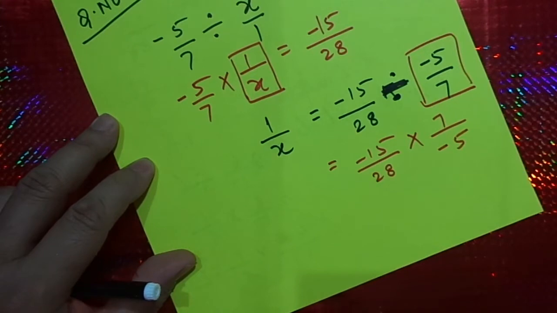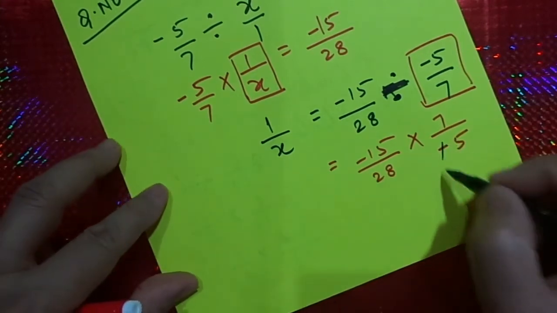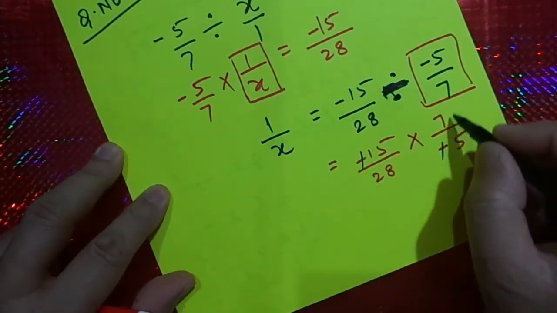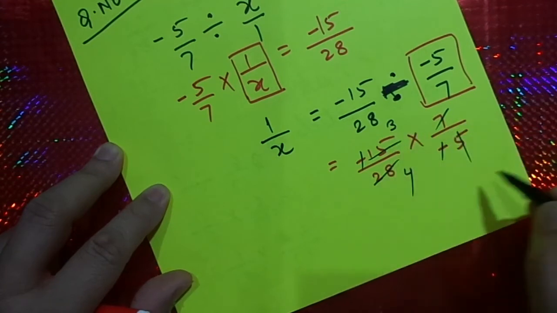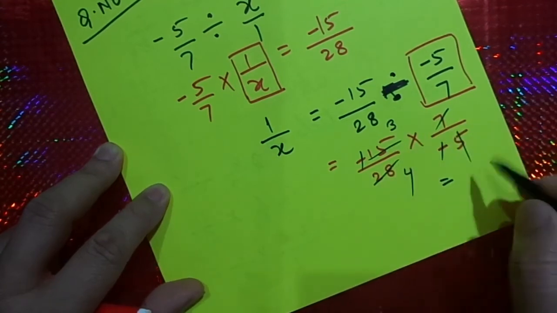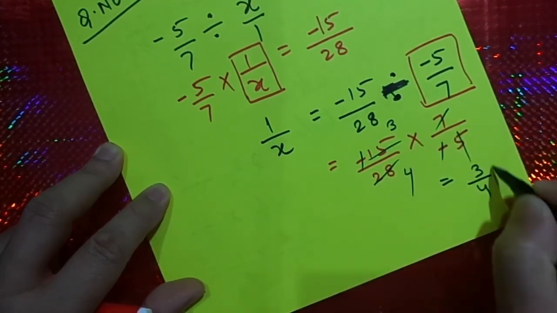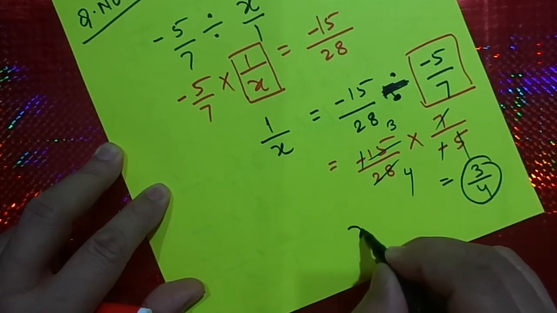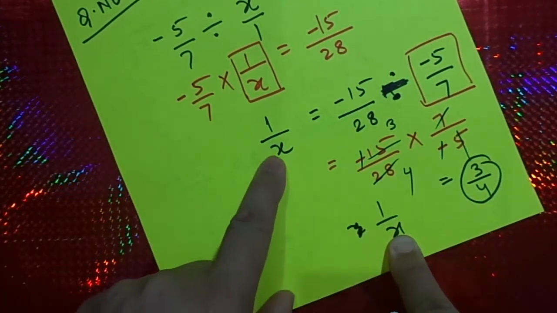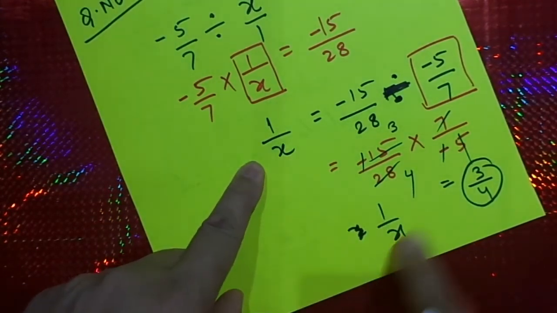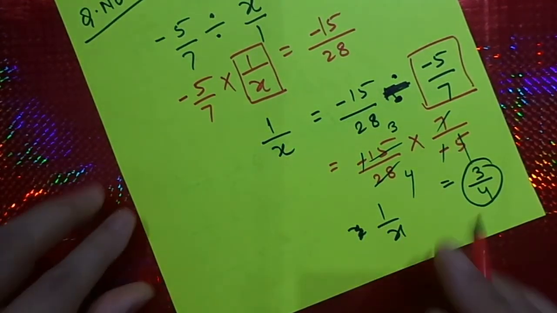Now, do you think that we shall solve it? Of course, this will get cancelled. 7 4 times, 5 3 times, and we get 3 by 4 as the value of 1 by x, not x. 1 by x will be equal to 3 by 4.